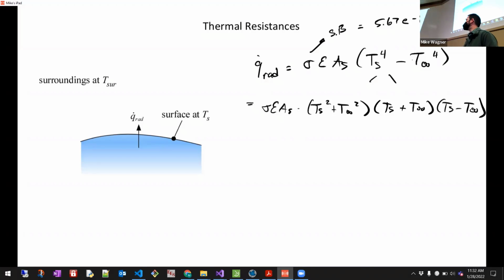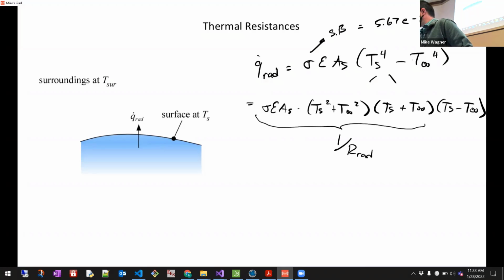If you don't believe me, you can do it yourself. We factor it out and we end up with that. This actually looks like a resistance, if you squint. This kind of looks like 1 over R_rad.